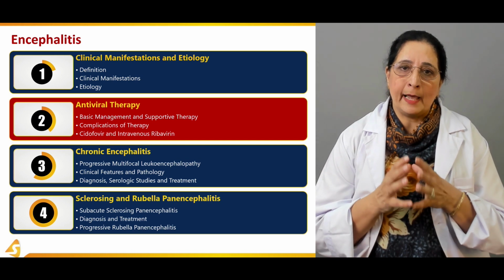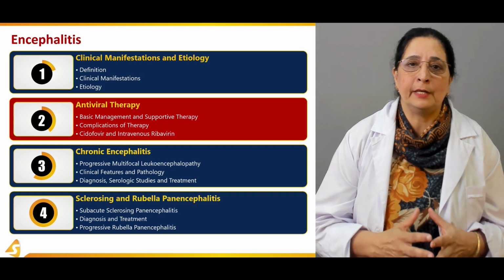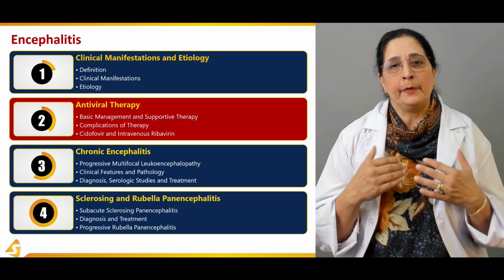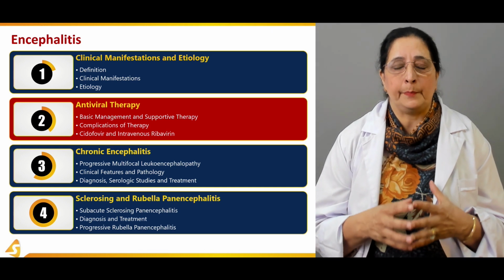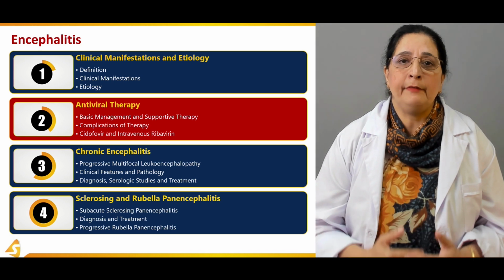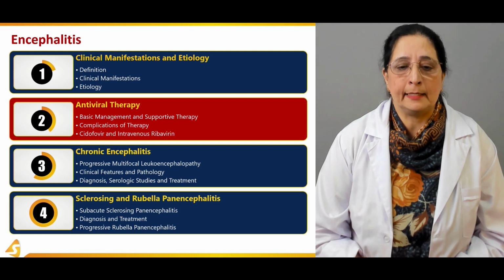Always remember, viral infections usually need a lot of supportive therapy and basic management as compared to the specific therapy. So basic management and supportive therapy is a very important part of the antiviral therapy.